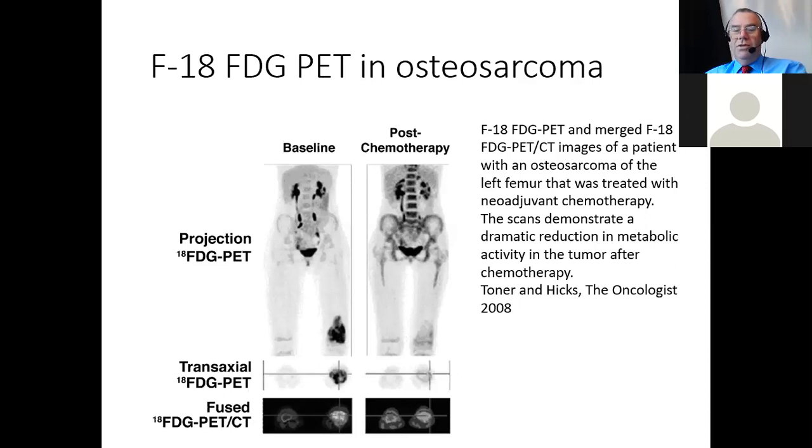And this patient then went on to have that femur replaced by a prosthetic femur, which is the surgical treatment. So FDG PET seems to be good, not just for diagnosis, but for monitoring treatment. So I think now in the world of PET, we would recommend for these bone sarcomas that we would consider FDG PET above bone scintigraphy.